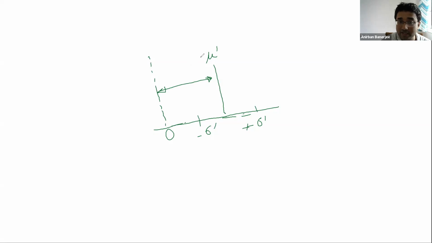Instead, if we have another situation whereby the 0 line is over here, possibly in this case mu prime is not that far away from the 0 line. How do you say far away? This we calculate through the standard error.